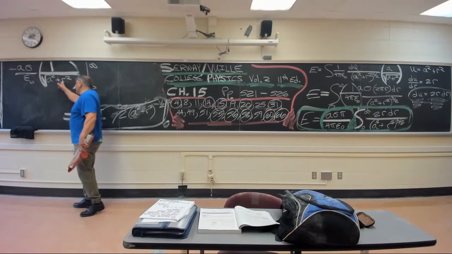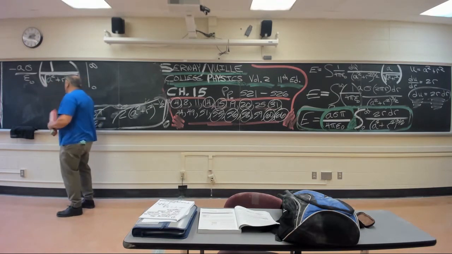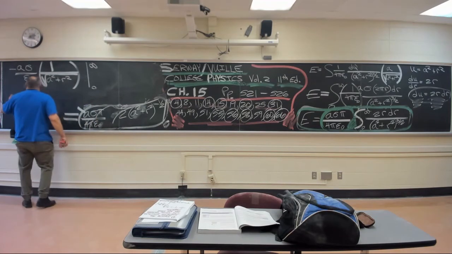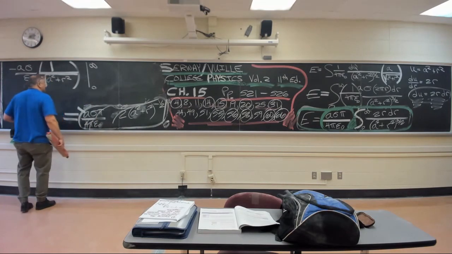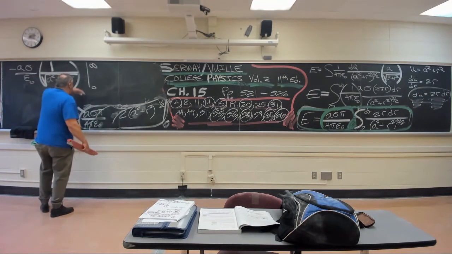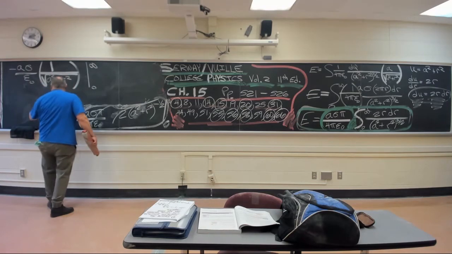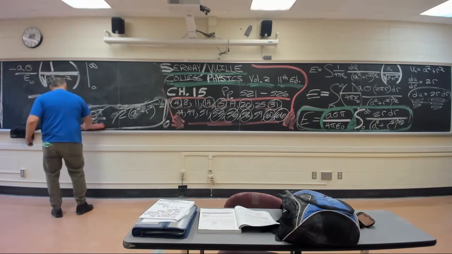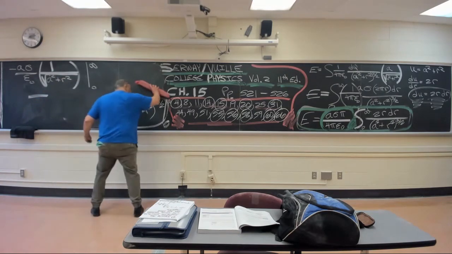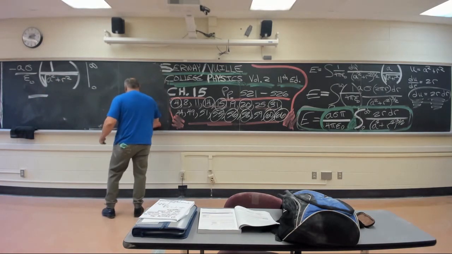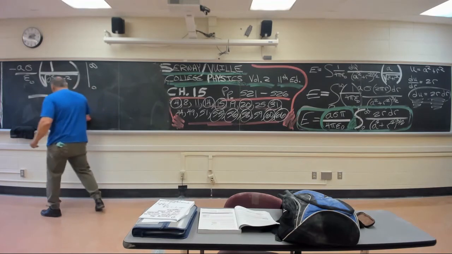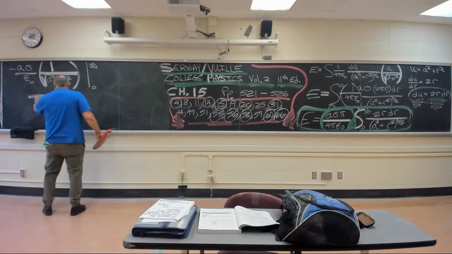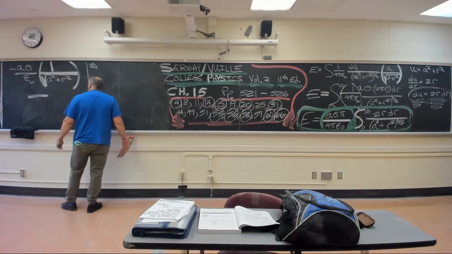R squared is 0 squared, that's just 0. A squared plus 0 is A squared. The square root of A squared is A. Okay, you're going from here to here, so this is going to be the minus on that. So let me put a minus right here. Here's your minus.